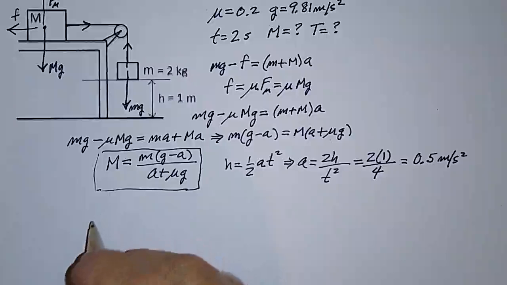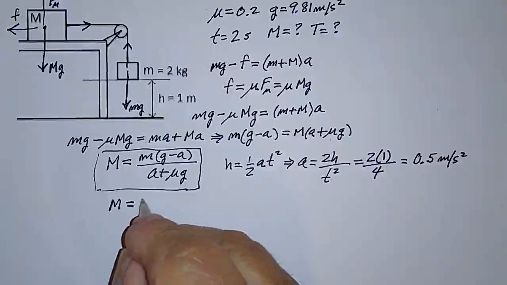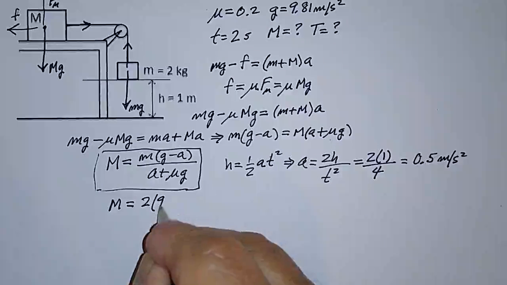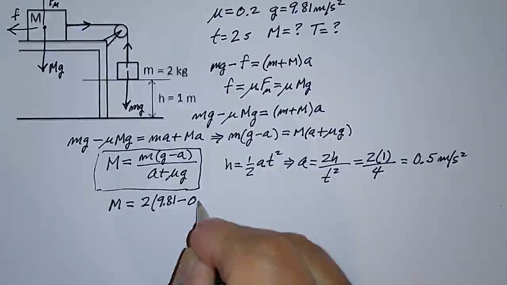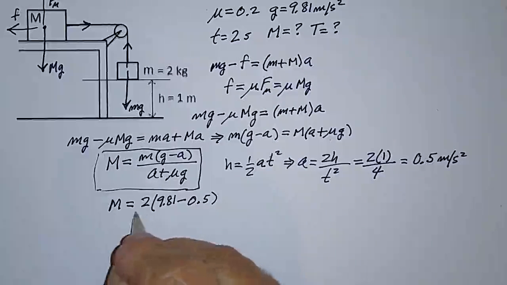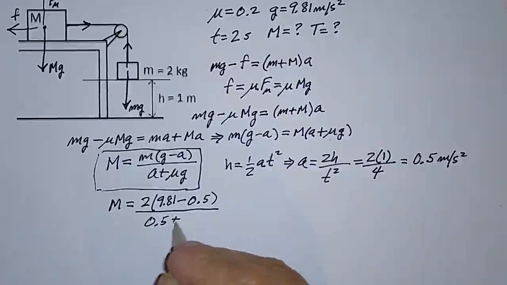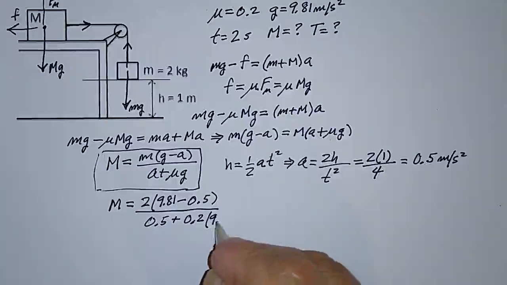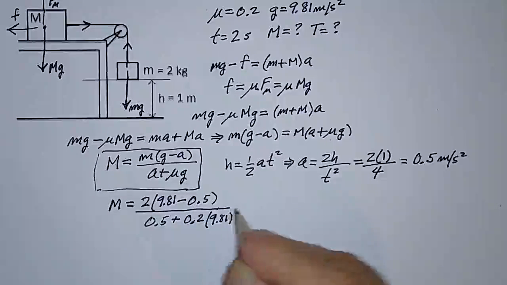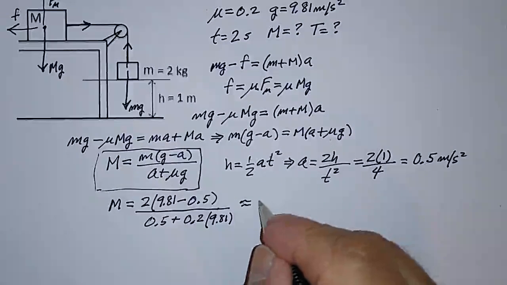So that means then that big M is equal to little m, which is 2 kilograms, times g, which is 9.81, minus a, which is 0.5, divided by 0.5 plus mu, which is 0.2 times 9.81. And when you stuff all of that into the calculator, you get 7.56 kilograms.